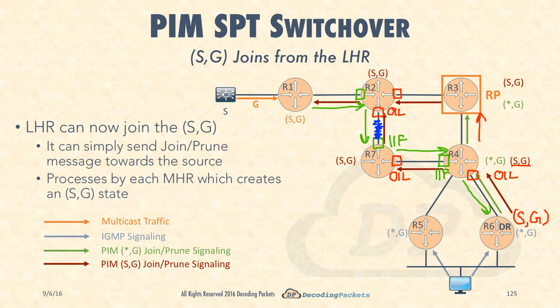And once R6 performs that SPT switchover, because of this missing link, you just lose all of the multicast connectivity. You would usually see it as the first few packets of the multicast stream being received on the receiver. So initially you receive some packets on the interested receivers, but then all of a sudden there's nothing, it's complete silence.